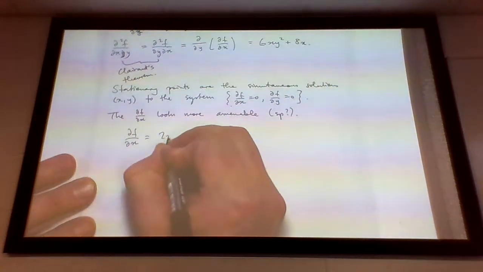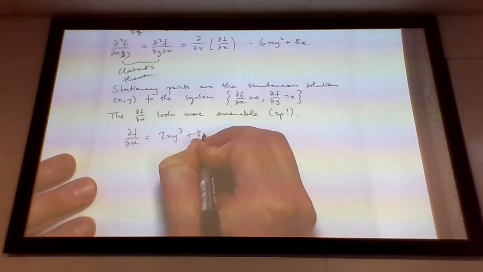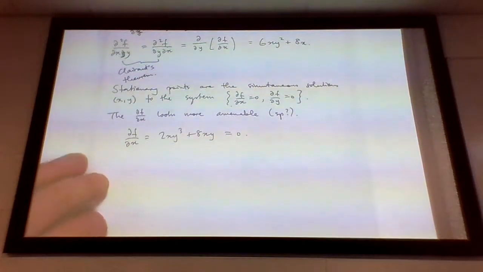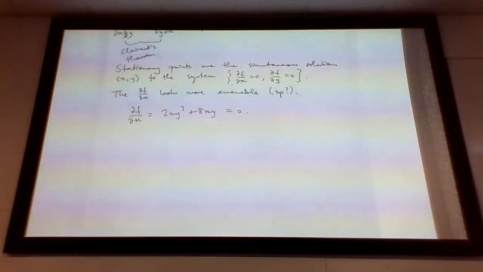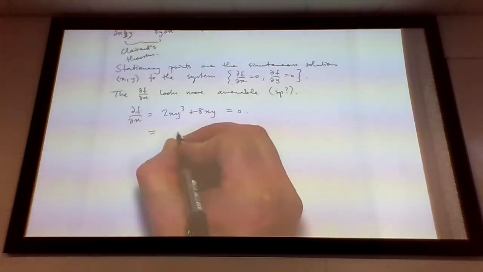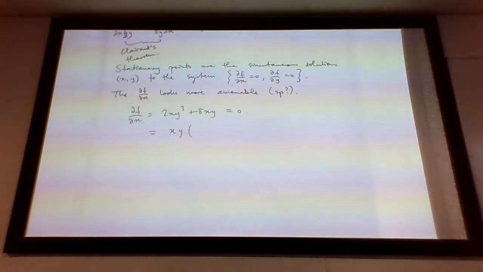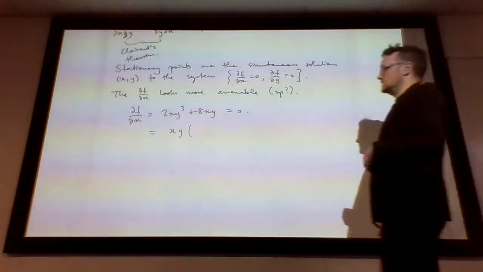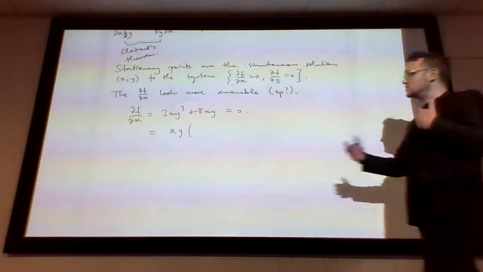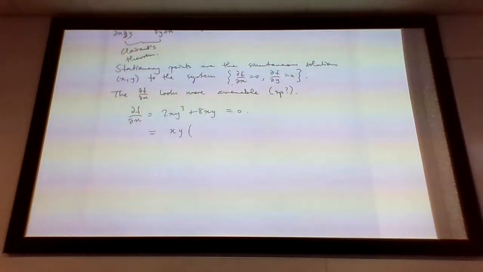So let's look at that. df dx is 2xy cubed plus 8xy equal to 0. So you're looking for locations where that is 0. If you're looking for locations where something is 0, you really want to be factorizing it. Get away from its expression as a sum of different terms and look at it, if you can, as a product of terms, because a product of terms is 0 exactly when at least one of the factors is 0.